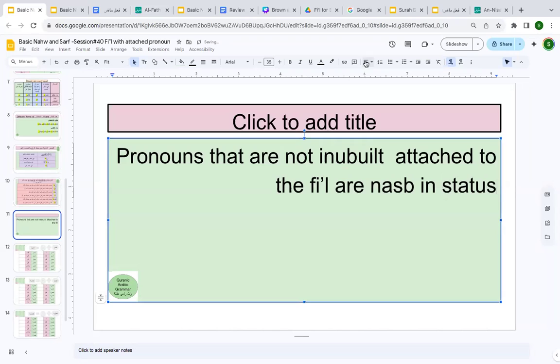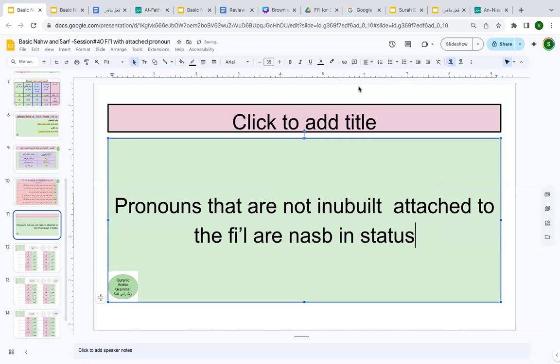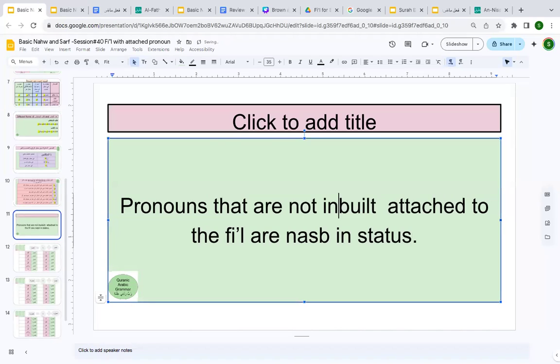Any confusion about this point? Anyone is confused about this point? I have to give you this disclaimer, I always have to put this in there: we are not talking about the inbuilt pronoun, right?